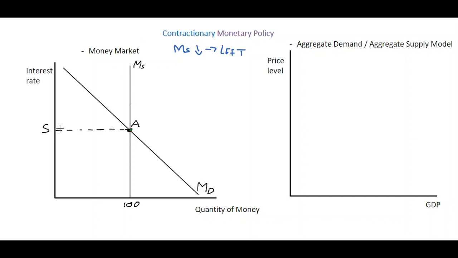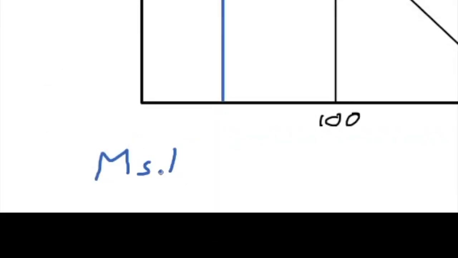So in this case here, a leftward shift of money supply is shown. We will indicate that as money supply 1. What that causes is the interest rate to increase in the economy, let's say 7% here. So as money supply is reduced, the interest rate is increased in the economy.